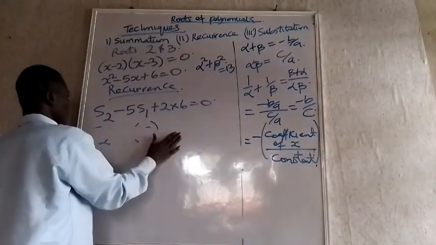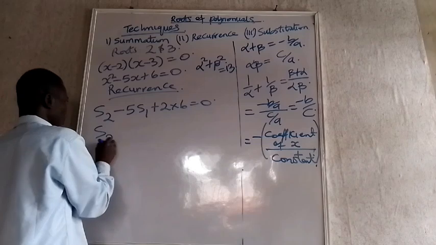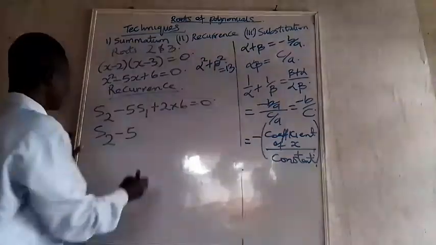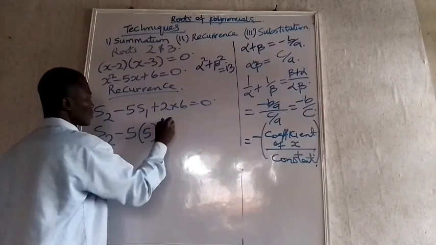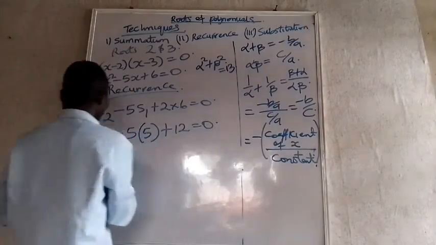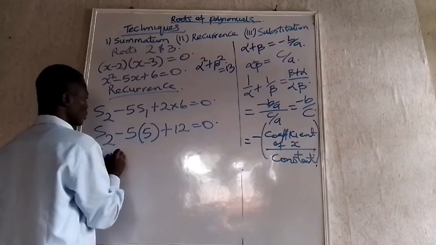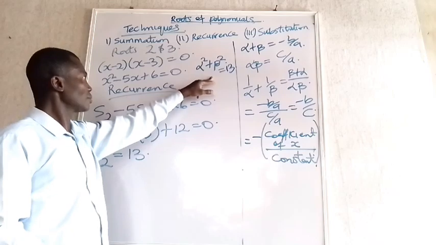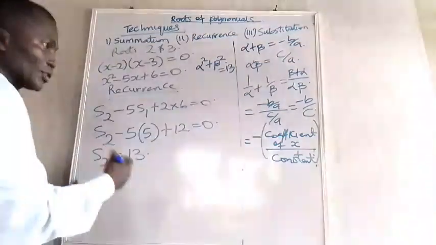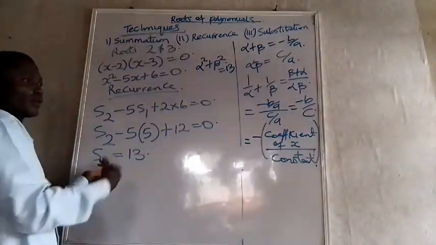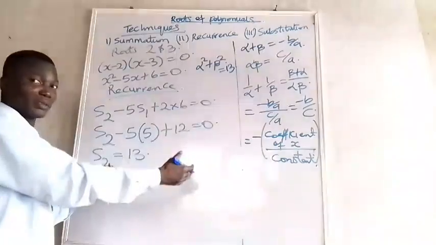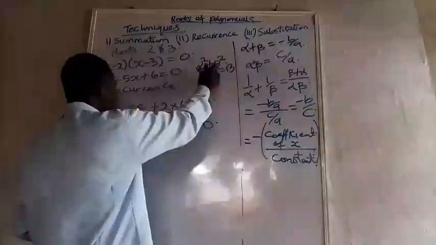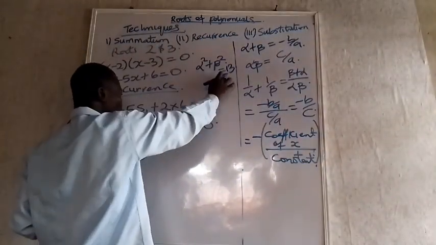That is 5. So s2 will be equal to 13. The answer is still consistent. In this instance, substitution will not come into play, because substitution is for finding another equation straight. We have been able to establish, through summation and recurrence, that alpha squared plus beta squared is equal to 13.